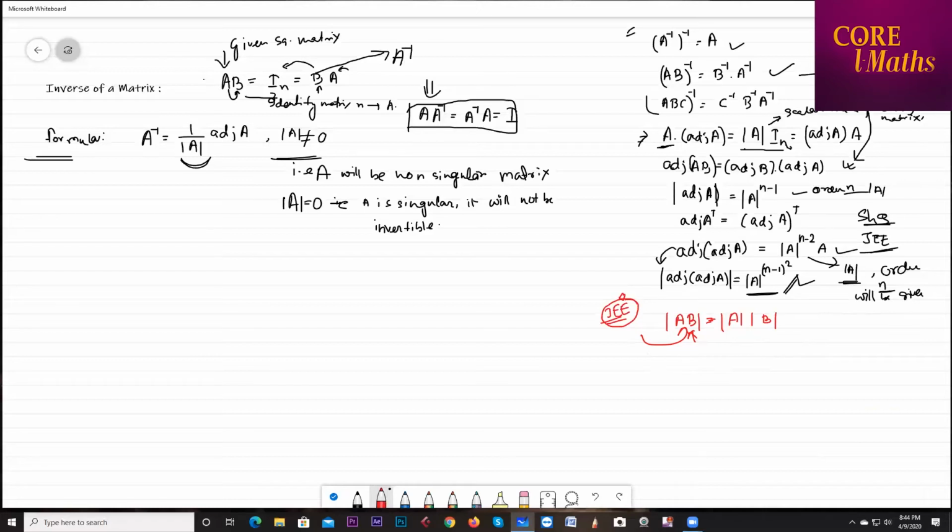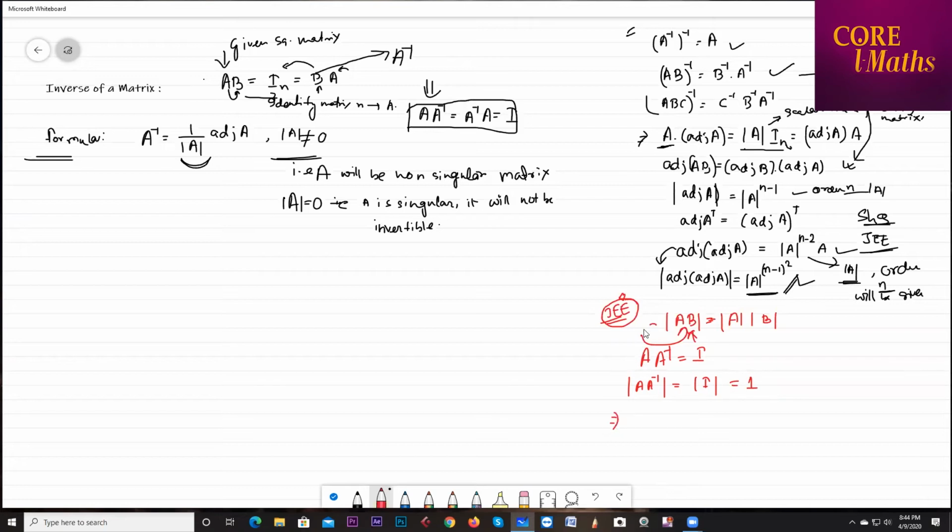How does it work? Where is the application? Suppose you have A into A inverse equals I. If we take the determinant of both sides, you know that the determinant of any identity matrix is always 1.